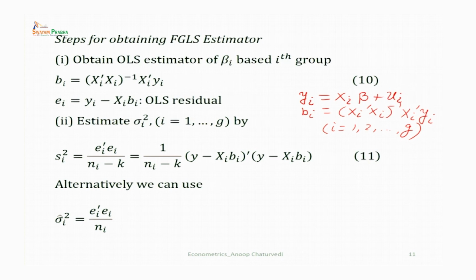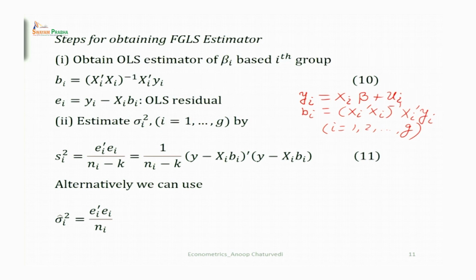And of course, you can apply the OLS procedure for estimating beta for the ith group, because for the ith group the assumption of homoscedasticity is satisfied. So, you can apply the OLS procedure, and it is efficient also for a particular group. Then we calculate the OLS residuals for the ith group. So, ei is equal to yi minus xi bi. This is the OLS residual for the ith group.